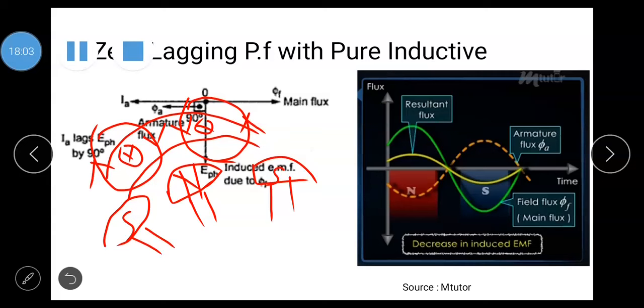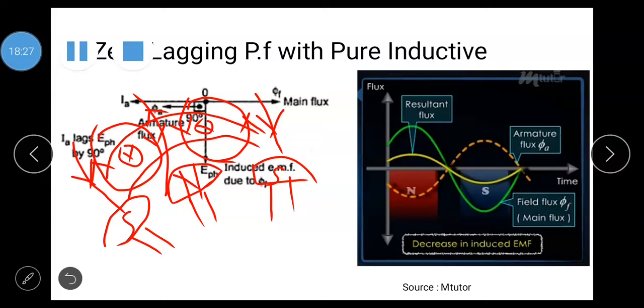If you notice, the flux will flow to the north pole. Here there is a south pole, so the flux will come to the south pole. Here also the flux will come to the south pole.